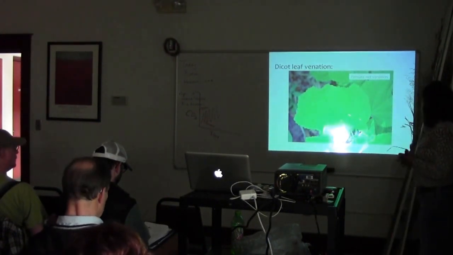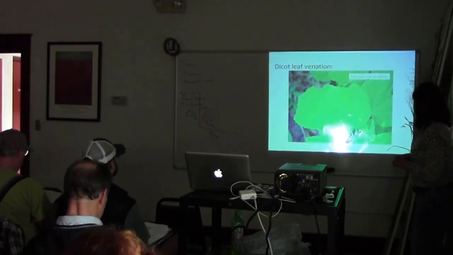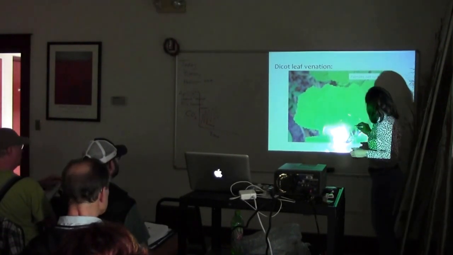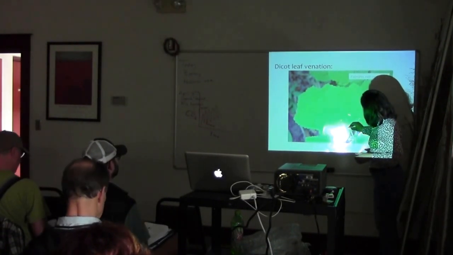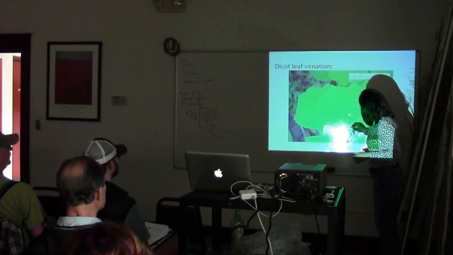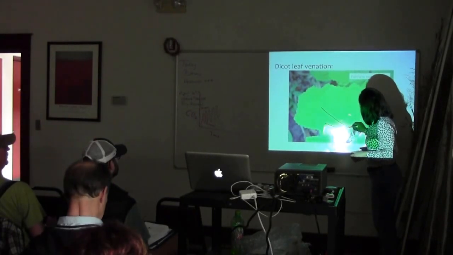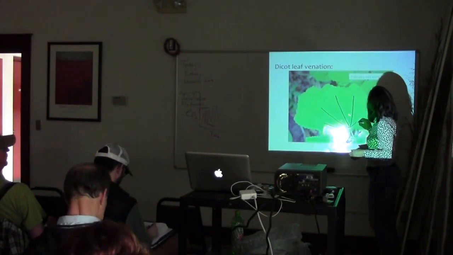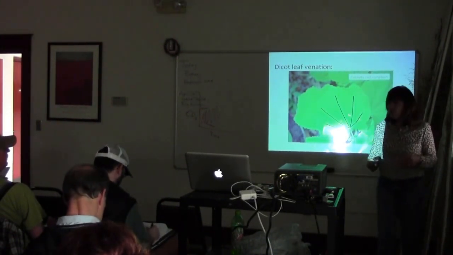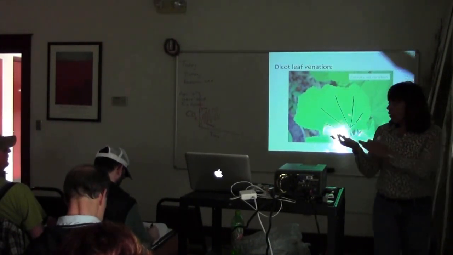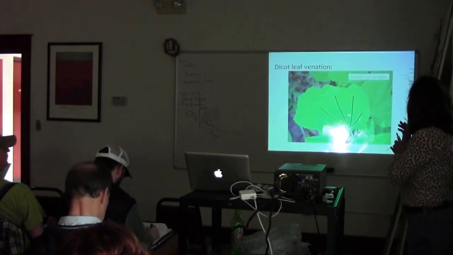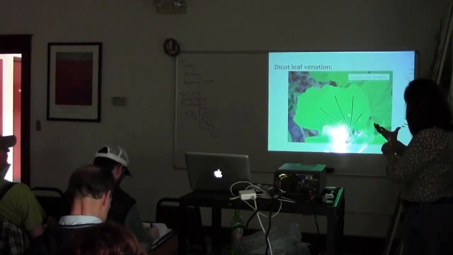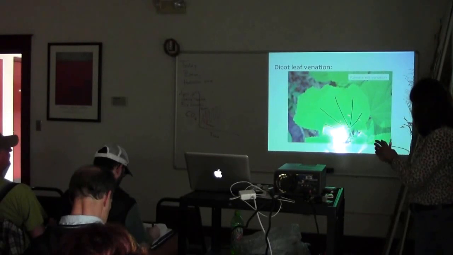Veins. Dicots have two basic patterns of veins. You may recognize this as Turk's cap. Turk's cap has the classic palmate net venation, where the veins seem to come down to a central spot and emanate out of it, like the palm of a hand.